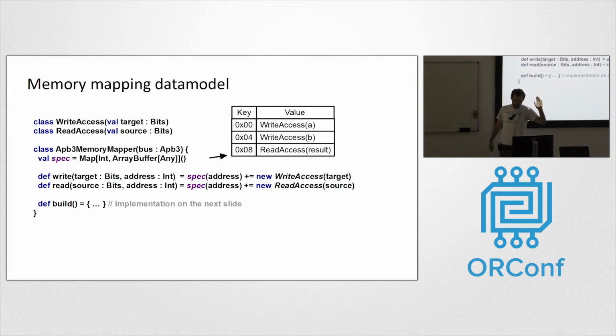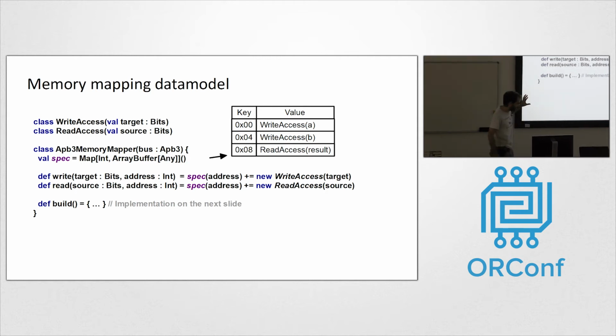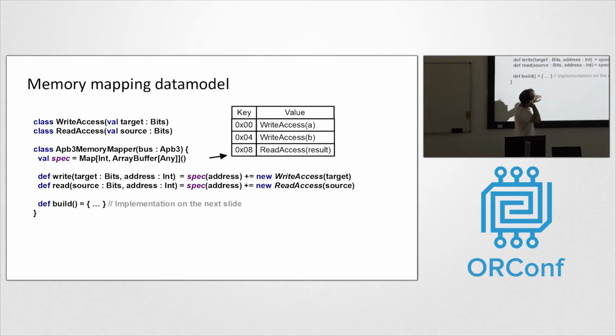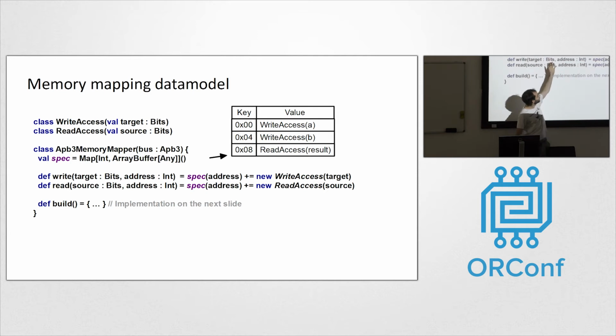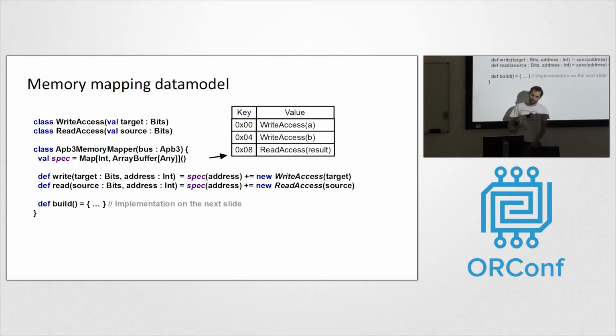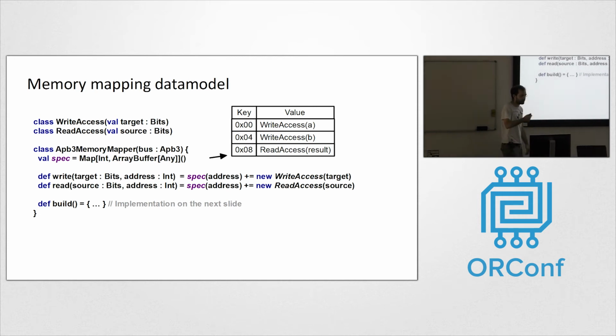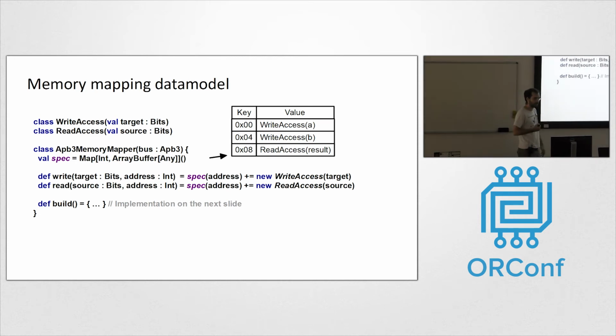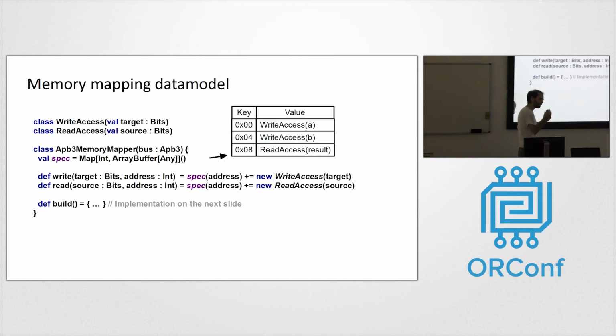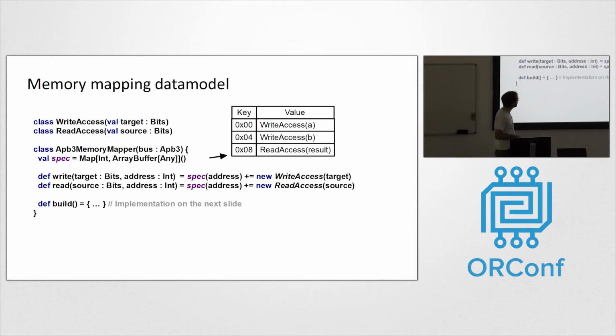The idea is you have a key value that points you to a value that you store. We have a map which links a given address to what we have to do. Here the value is an array buffer, because maybe on a given address you want to have both a read and a write access, so you have multiple elements to do at the same address. So it's an array buffer of things to do at a given address.